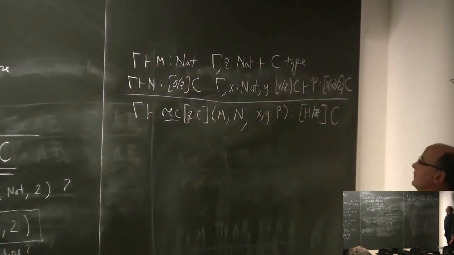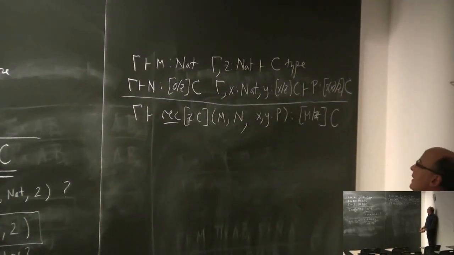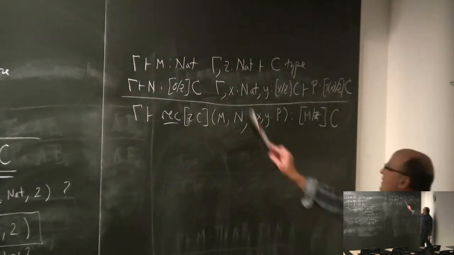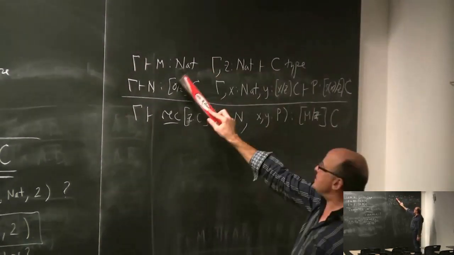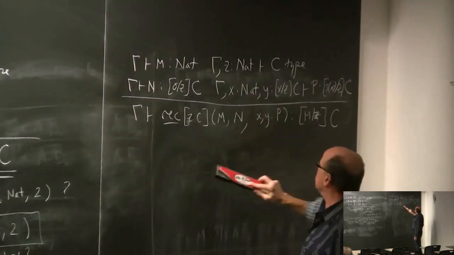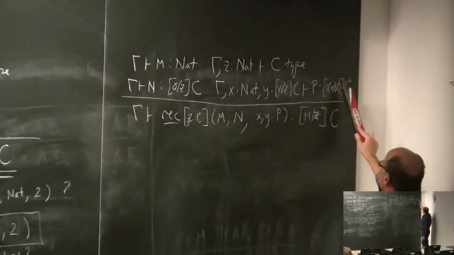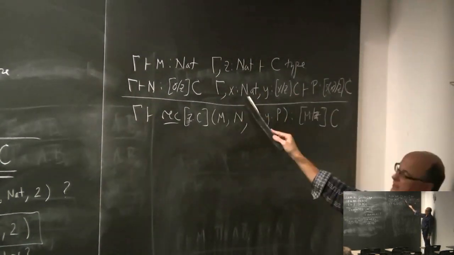Written like that. Okay? So it almost is just a straightforward generalization from the non-dependent case. In the non-dependent case, you don't have that, and you just miss out the 0 for ZC. You just get a C here, and a C here, and a C here, and you don't need the X around.